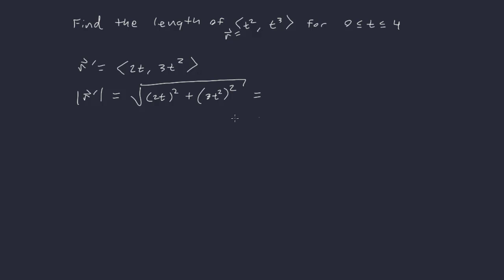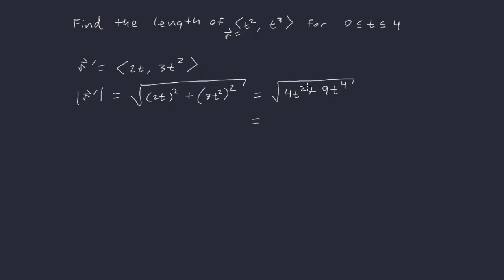All right, and let's simplify this a bit because we're going to have to integrate this. I definitely want it to look nicer if I can. This will be 4t squared plus 9t to the fourth. And it looks like we can take a t squared out.